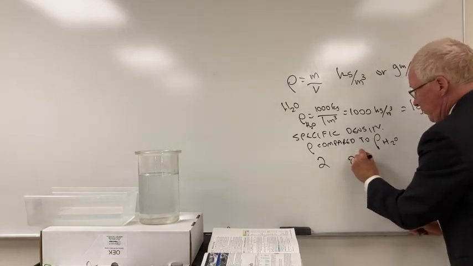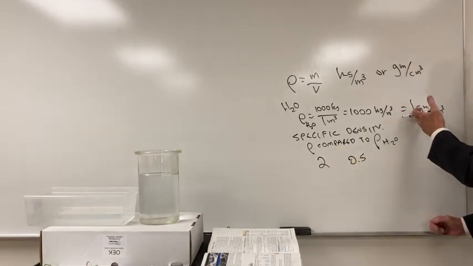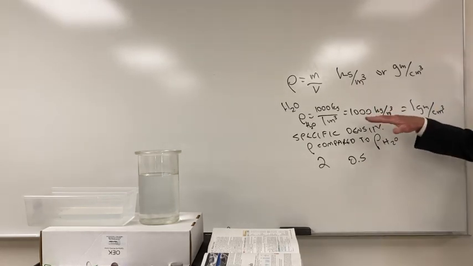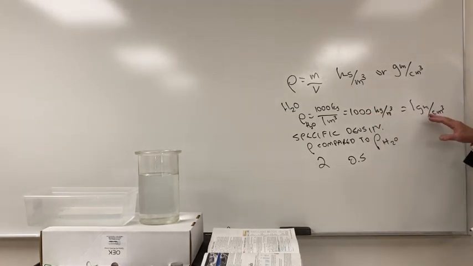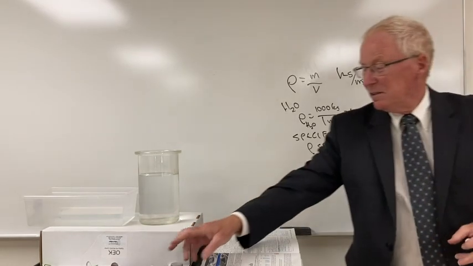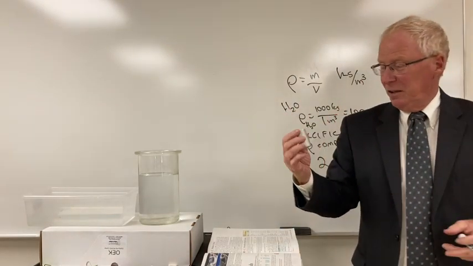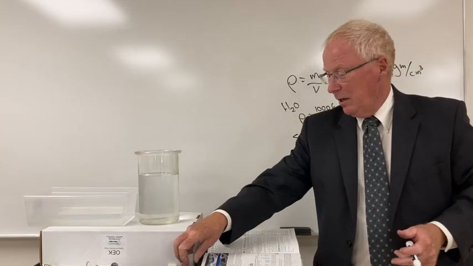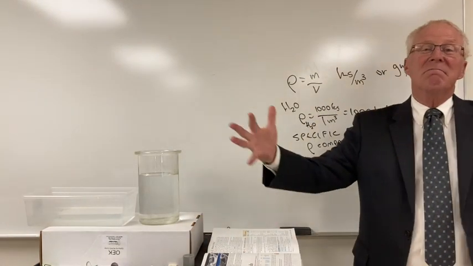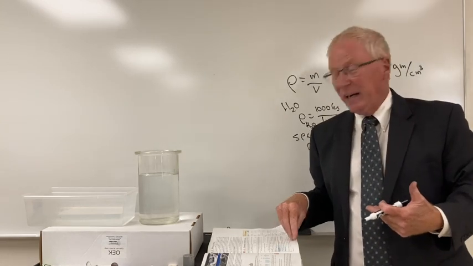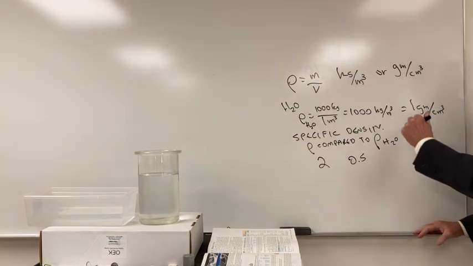Or if it has a specific gravity of 0.5, it means it's 0.5 or 500, depending whether you use kilograms per meter cubed or grams per centimeter cubed. If we're dealing with smaller sizes, like these objects here, we generally deal with grams per cubic centimeter. And if we're dealing with big objects, then we generally use the other. All right, so that's the density of water.